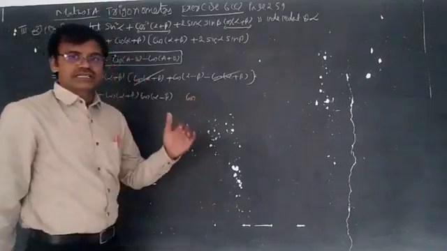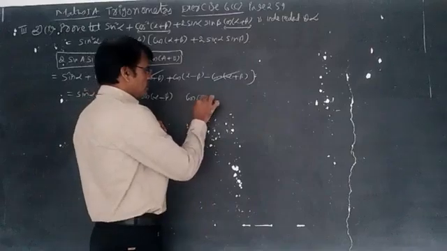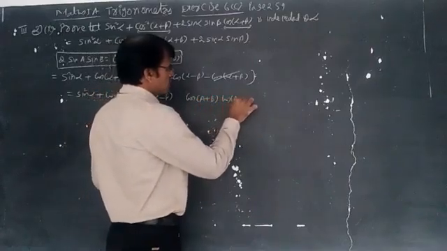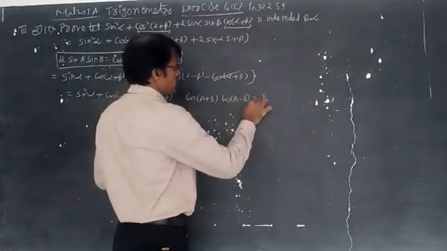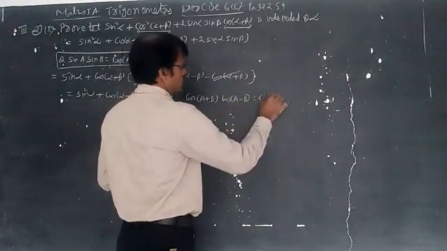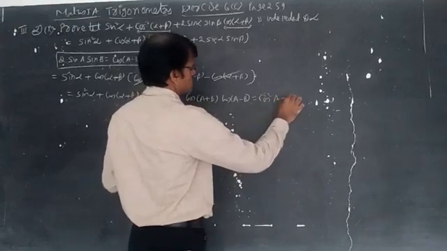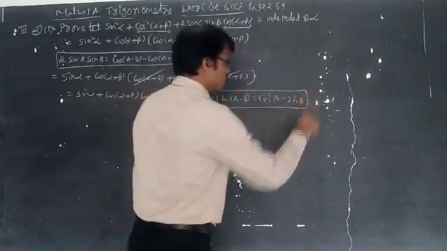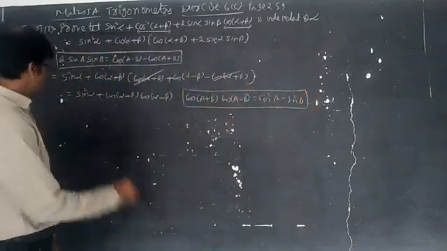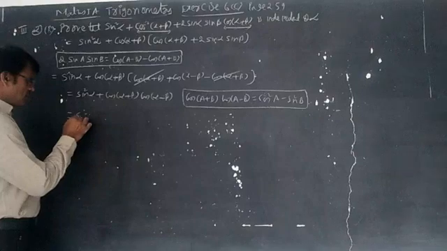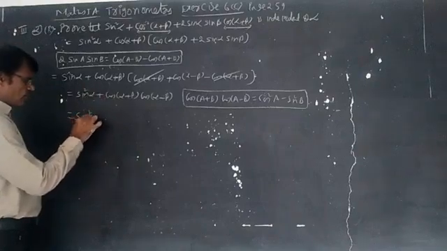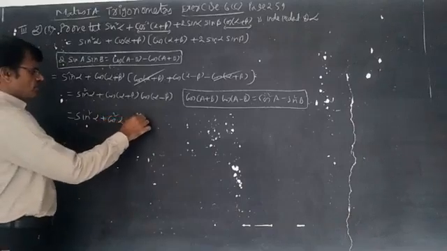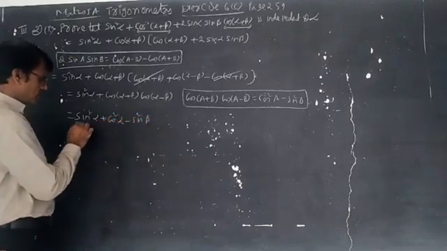Before going to discuss exercise 6A topic, I said the formula: cos of A plus B into cos of A minus B is equal to cos square A minus sin square B. That is equal to sin square alpha plus cos square alpha minus sin square beta.